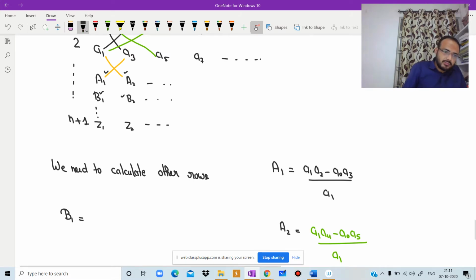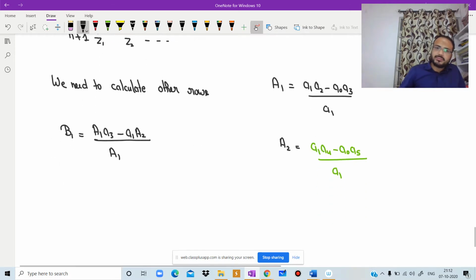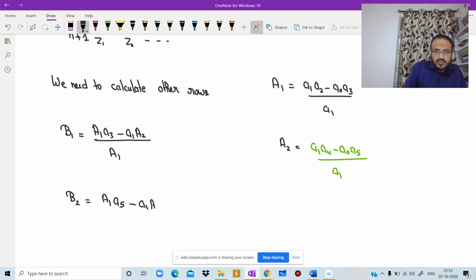So you will get B1 is equal to A1 A3 minus A1 A2 divided by A1. In similar manner, you can calculate the value of B2 is equal to A1 A5 minus A1 A3 divided by A1.